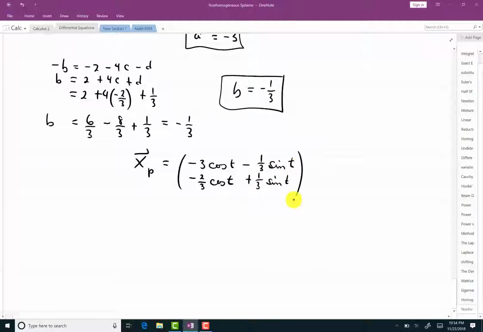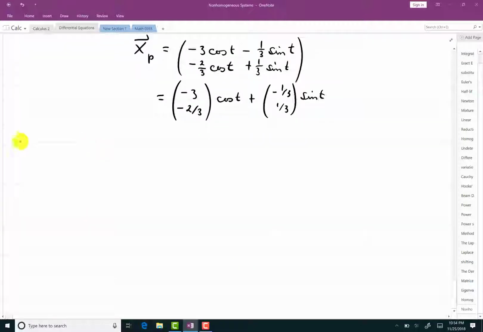It's most likely that you will see your book write something like this. Most likely you'll see them write a vector times cosine of t, and then another vector times sine of t. You could even go a little further, like you could take the 1/3 out of here and do things like that. But there's absolutely no reason to do stuff like that.